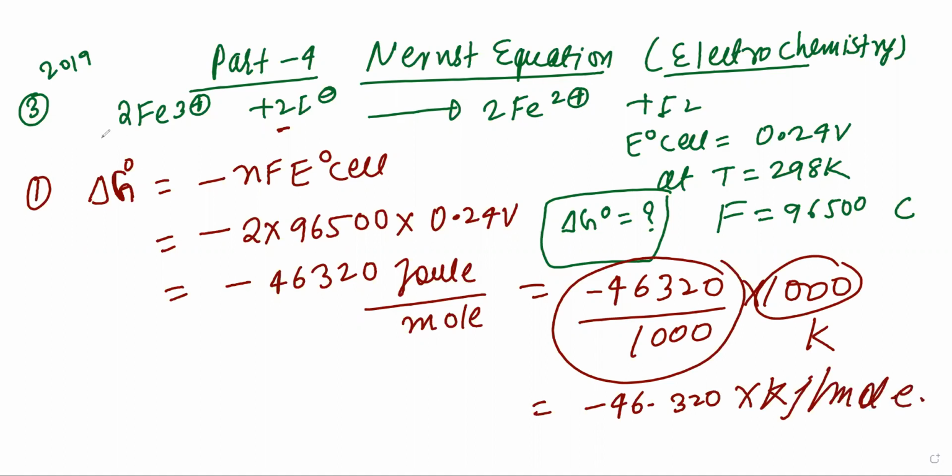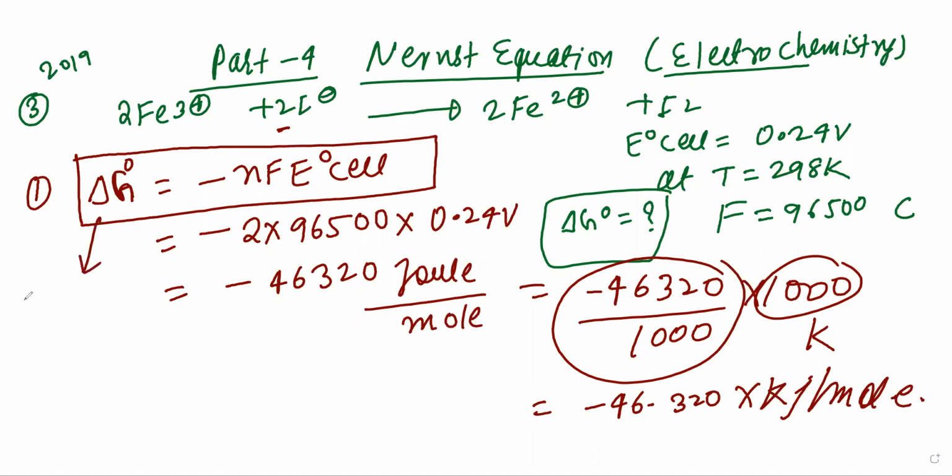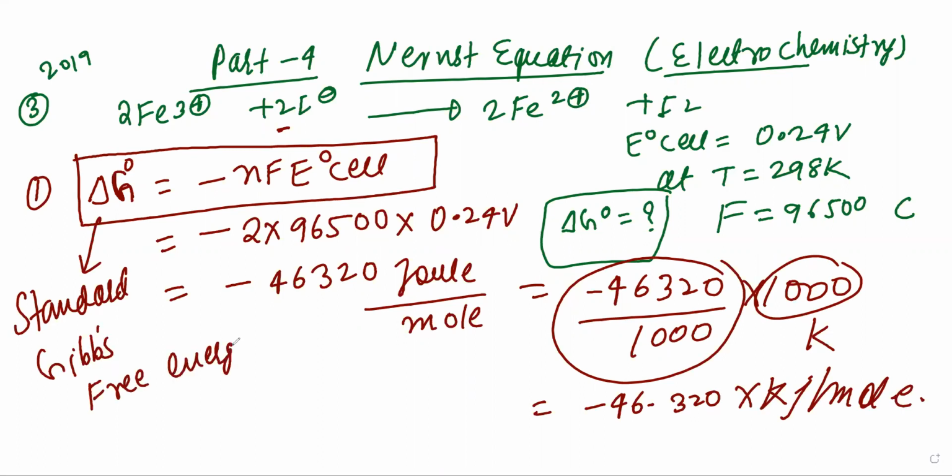So this will be the answer. So main formula is this one. So delta G naught means a standard Gibbs free energy. Standard Gibbs free energy. N is number of electron transfer. Number of electron transfer. Write it down.